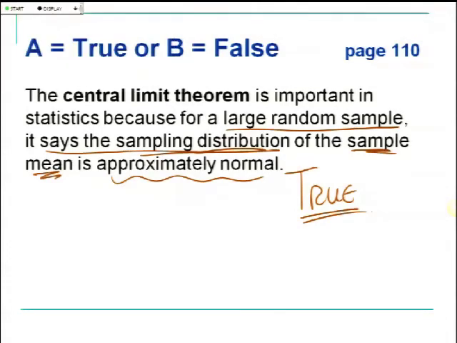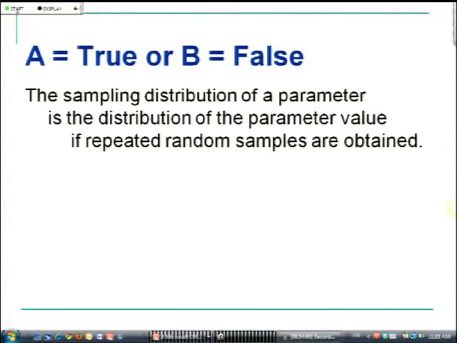How about your second, true, false? Again, about sampling distributions. So when you're doing true, false, do you ever have a pattern that you think about, or it can't be all falses or it can't be all trues?